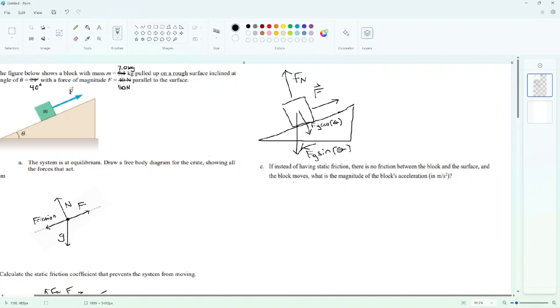Okay, now we have new equations. Our equations are going to be Fn is equal to Fg cosine of theta and, let's see, F of x, the force in the x direction, is going to be equal to F minus Fg sine of theta.